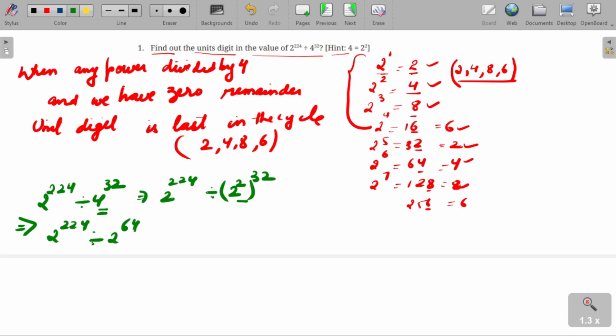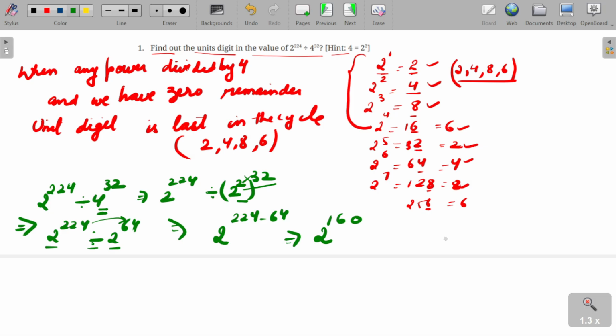Why? Because if we have a power of a power, then they both will be multiplied. So 64. Now see, the base value is the same. You have division here, so we will subtract the powers. So 2 raised to 224 minus 64 leads to 2 raised to 160.